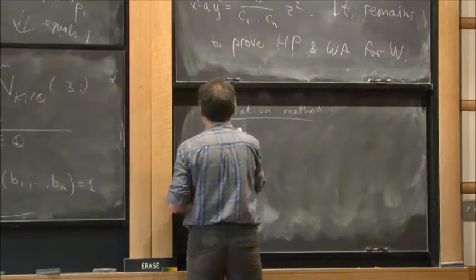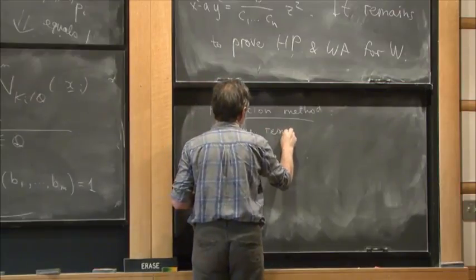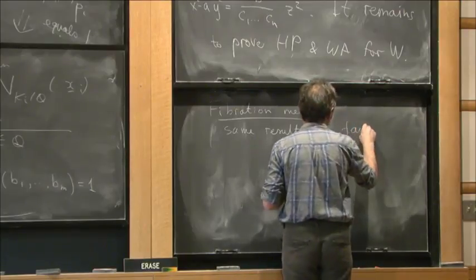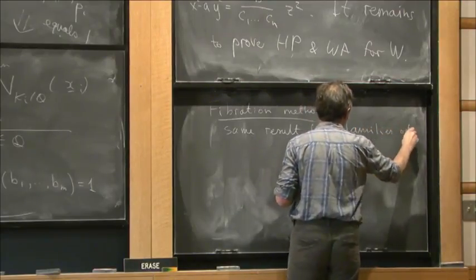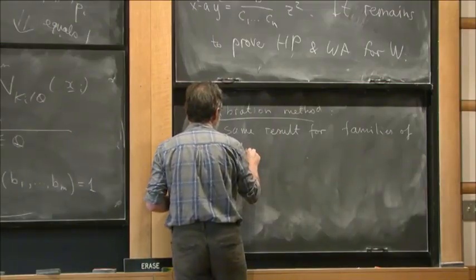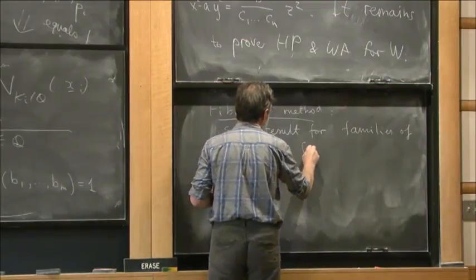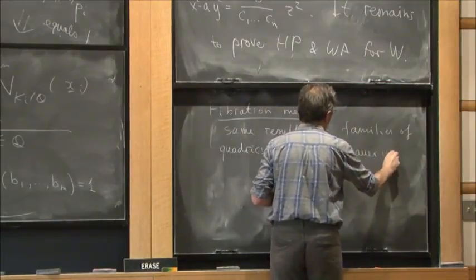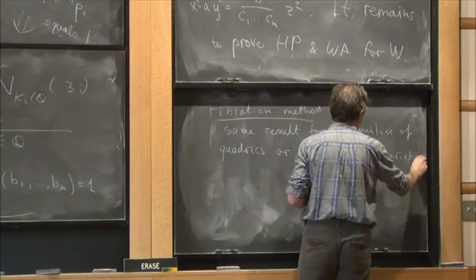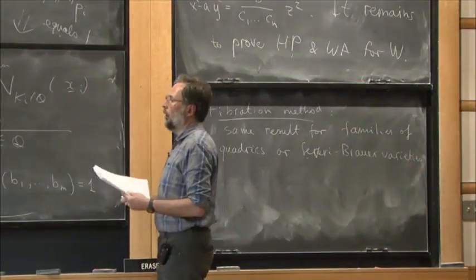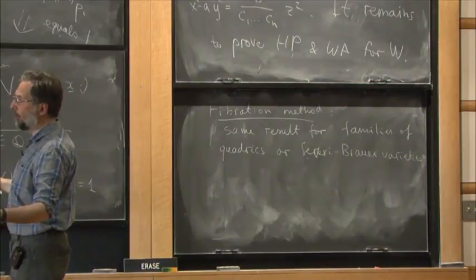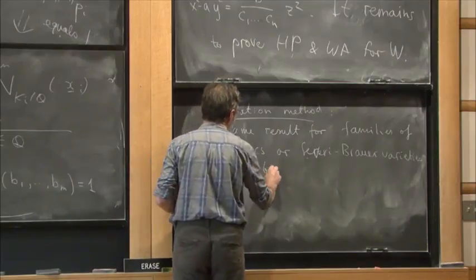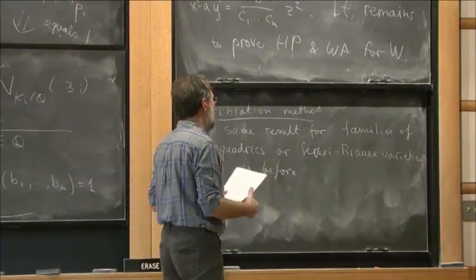It will give the same result for families of quadrics or Severi-Brauer varieties satisfying the same condition, that the variety is defined over Q and the fibers are all over Q. Maybe I should mention that there's potential for more generality here.